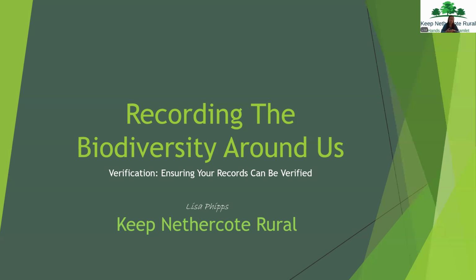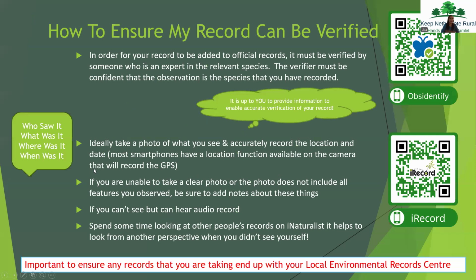You may get some feedback on what it should be if it's not accurate, or it may be that there's not enough information for an expert to determine. So this is what we're going to look at now: how to ensure that your record can be verified.